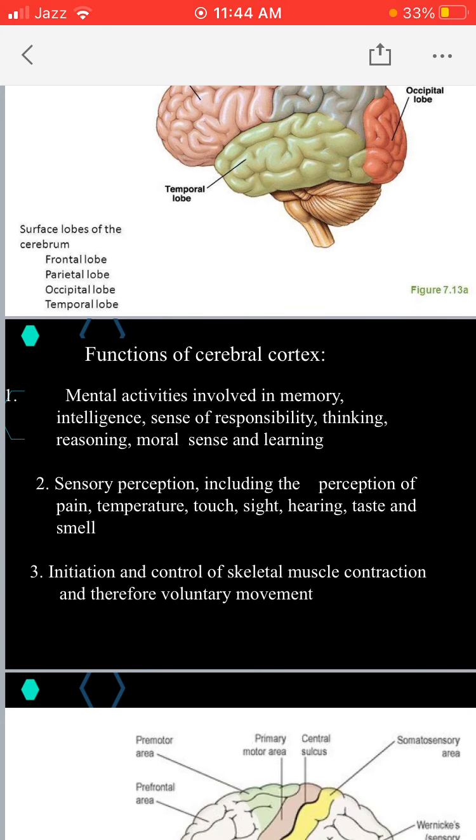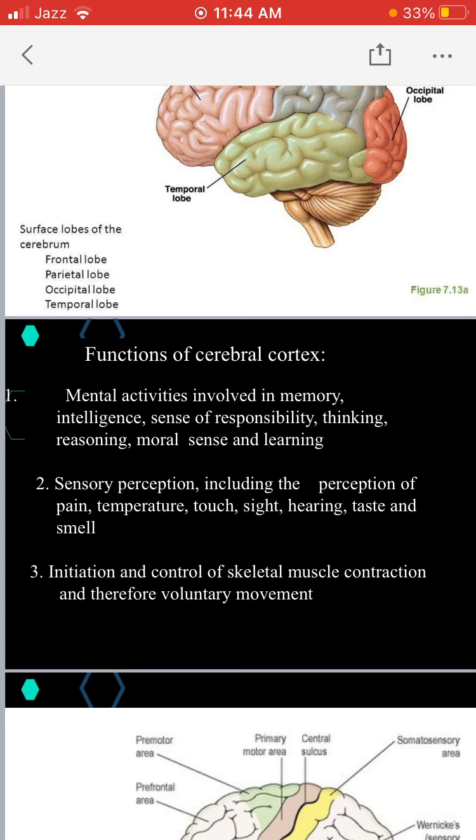And the third and very important function of cerebral cortex is that it is involved in the initiation and control of skeletal muscle contraction. So it is responsible for voluntary movement.